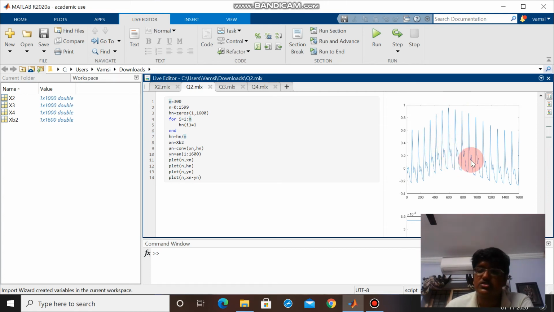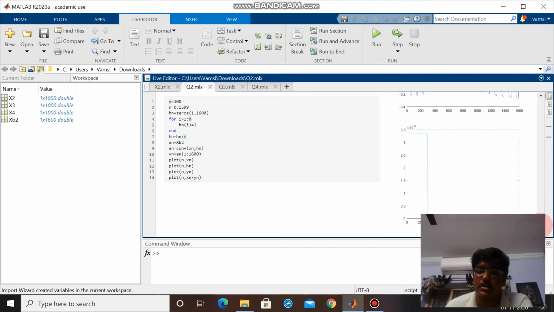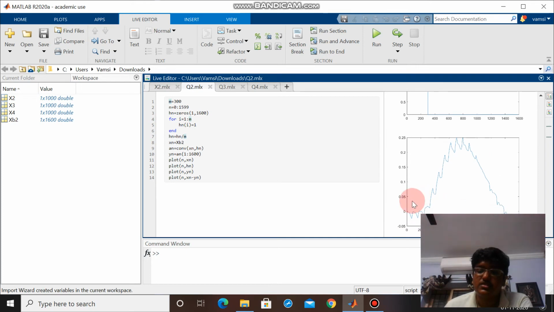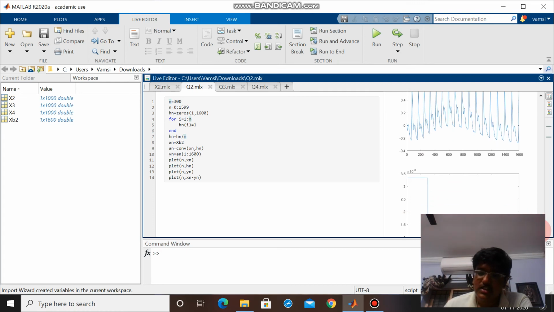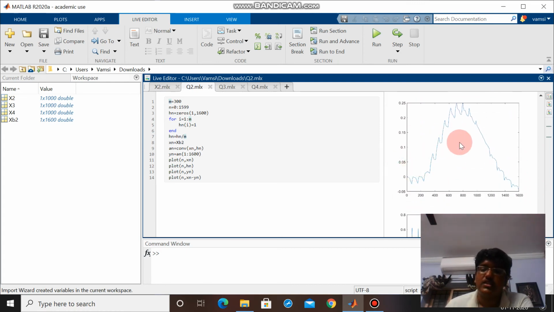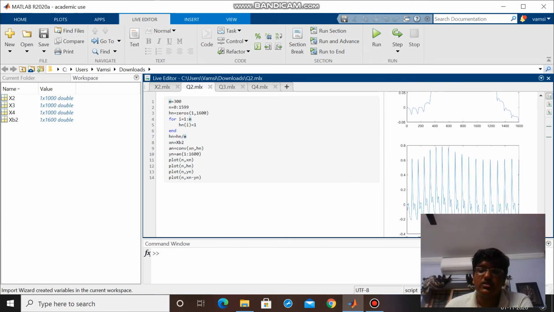In order to remove these noises, we use such an impulse response. We can see this yn is actually all the high frequency noise that we can observe here. You can see these small peaks, so those peaks are actually yn. So we can remove those, and we can smoothen the curve so as to obtain accurate values.